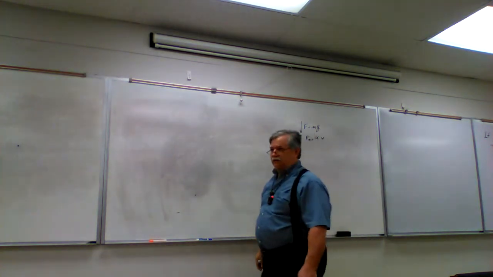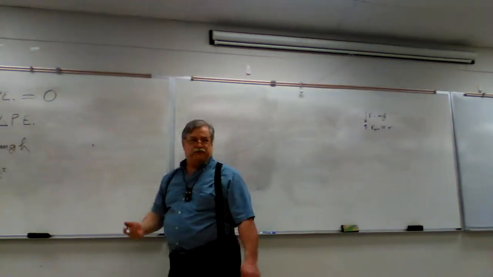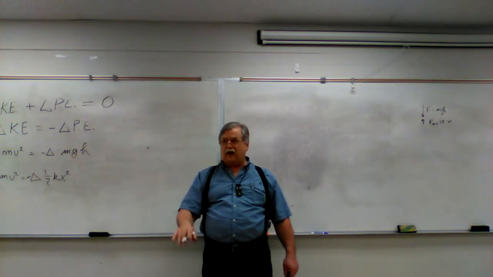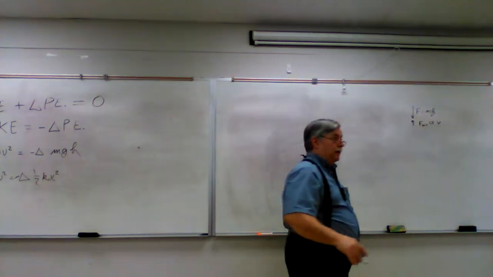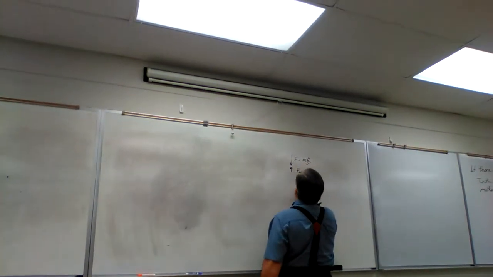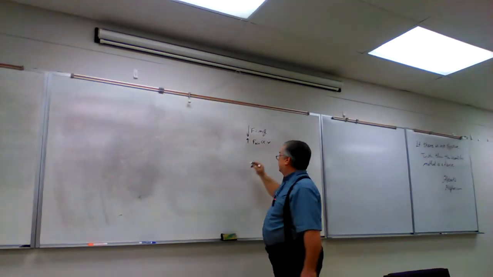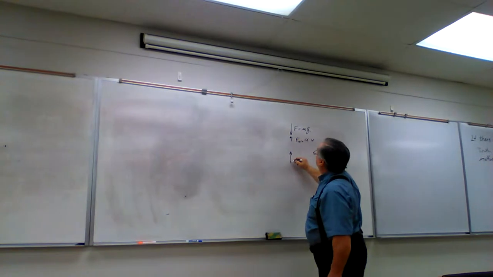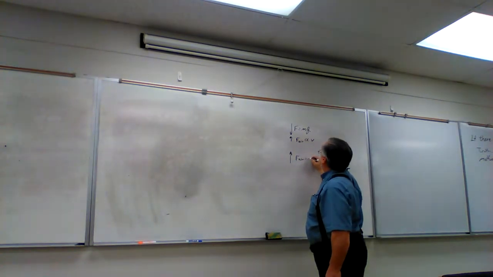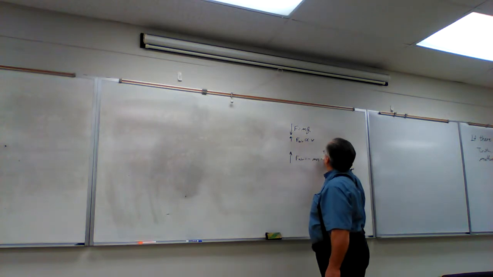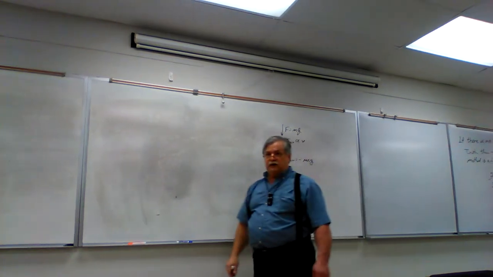The force of drag, of air resistance, is proportional to its velocity. That means that at some point, this object is going to reach a velocity where the drag is equal to minus the force of gravity accelerating it.